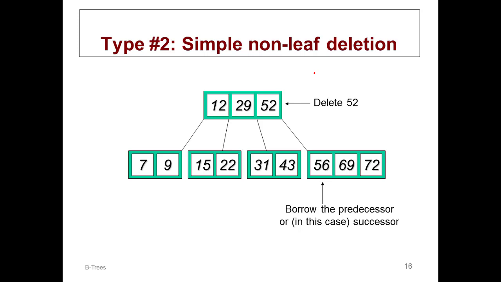As we discussed at the start of this lecture, deletion should always be done in the leaf node. So how will we accomplish that? We want to delete 52, but we need to promote some value from the children of this 52 in order to fill the gap at this point.